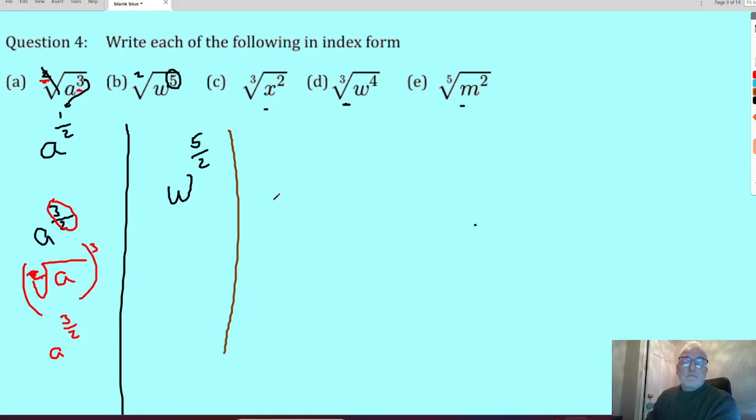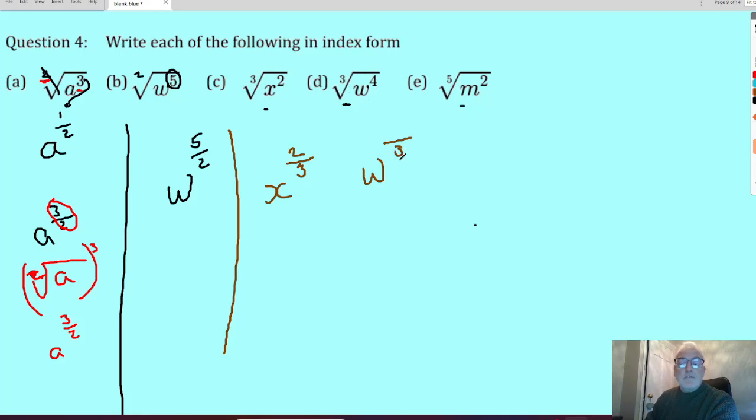So we've got x as our base, raised to the third power, and then we've got 2/3. So 2 divided by 3. Base number w, I'm raising it to the third power, so third root.